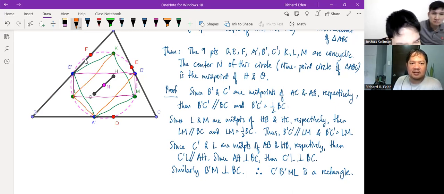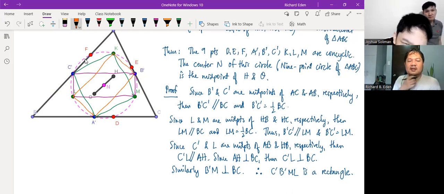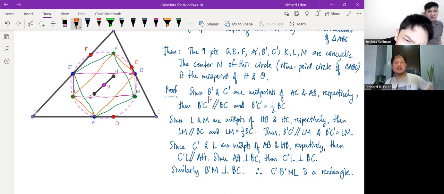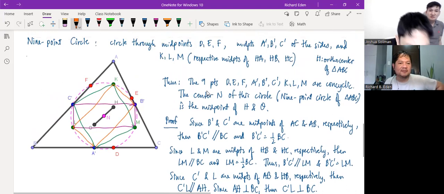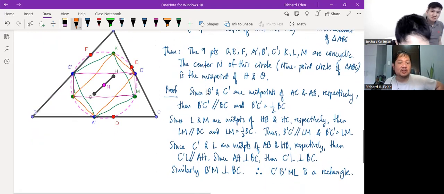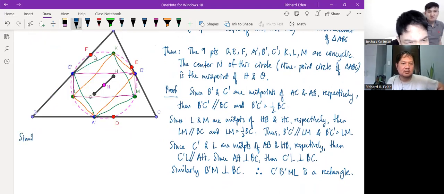Hindi pa natin nasasama ang mga reds, no? So mamaya na ang mga feet of the altitudes. Okay. Similarly, C prime.